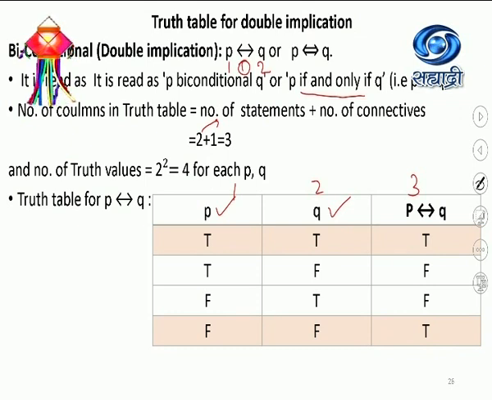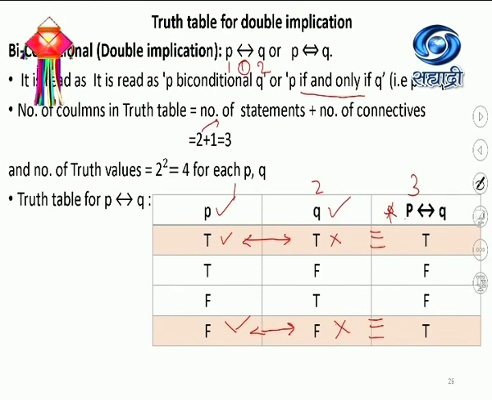Now the hint to remember the values in the third column, P if and only if Q: put your first finger on the entry in the P column and the second finger on the entry in the Q column, and you can see that when both have the same values, TT or FF, you get T, and all the rest are F.